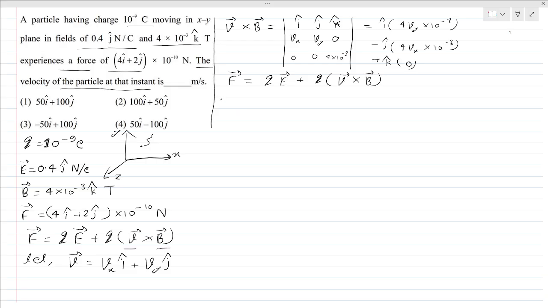So let us put only the values, the vector forms that are given. So 4 into 10 to the power minus 10 I cap plus 2 into 10 to the power minus 10 j cap, the expression of force in vector form, equals Q into E, where Q is also given as 10 to the power minus 9.